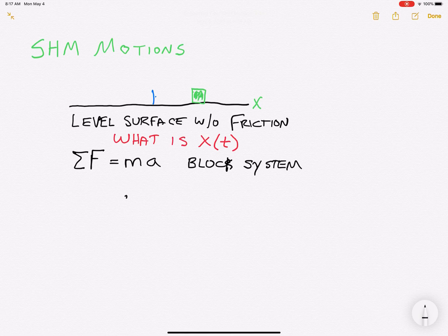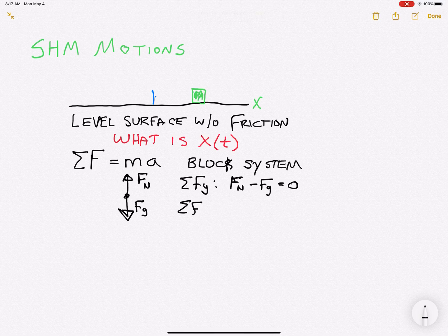We draw a free body diagram of this guy. Where the force normal would equal the force of gravity. We'd sum the forces in the y direction. Force normal up minus the force of little g down equals 0. And then the sum of the forces in the x direction. I don't have any forces, therefore I don't have any acceleration.